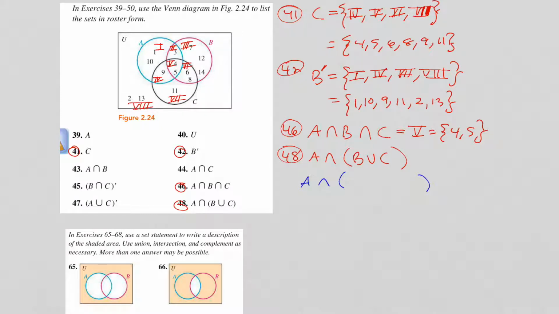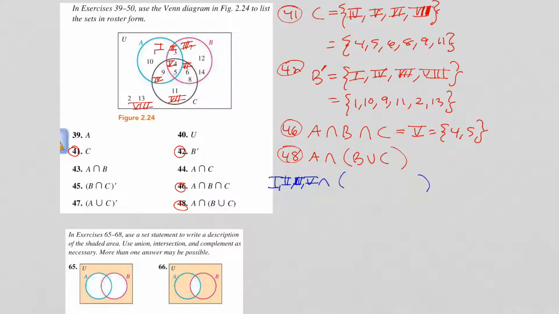The union of B and C. Wait a second, I meant to put... Actually, let's start with region A. So region A is region 1, 2, 4, and 5. Those 4 regions.